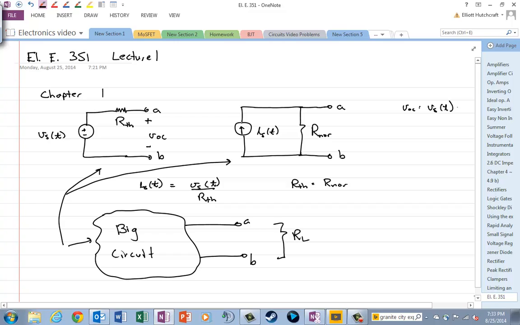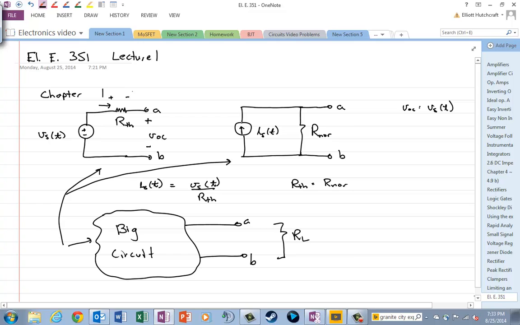But do you see it? The key is, if there's an open circuit here, what's this current? Well, that current is 0. If we have 0 current, then what's the voltage drop across this R Thevenin right there?